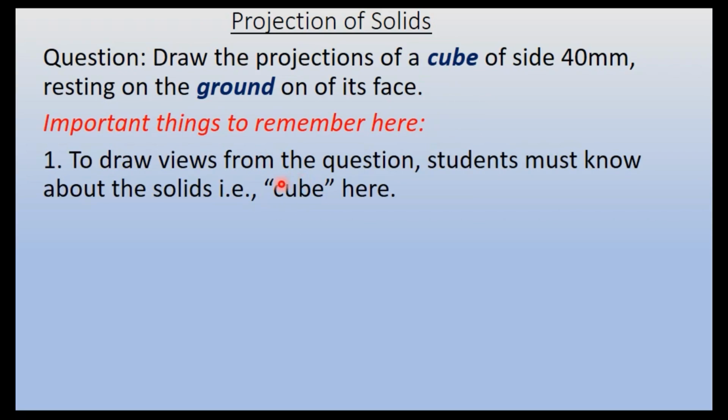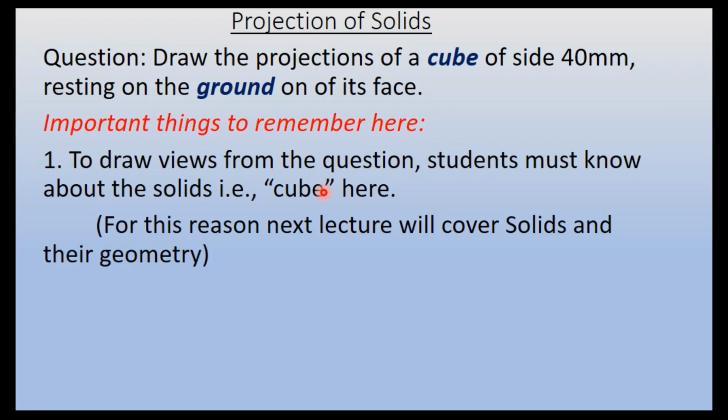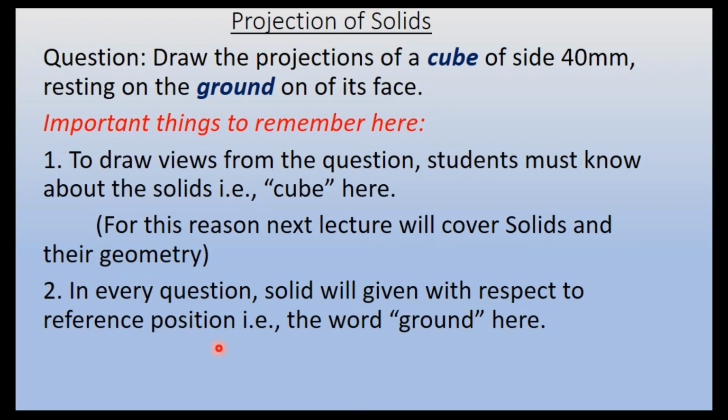The word cube here indicates the type of solid which is being asked, the cube. And for this reason, first we have to learn about solids and the geometry. So in the next lecture we will learn about the family of solids within the context of engineering drawing.